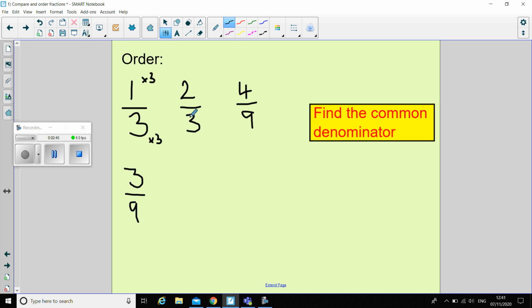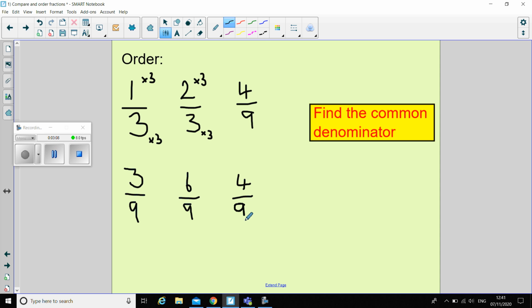So I've got 3 9s. I need to do the same with this fraction. Times it by 3 on the bottom, times it by 3 on the top, which gives me 6 9s. And this fraction is already out of 9, so I can just copy it out.